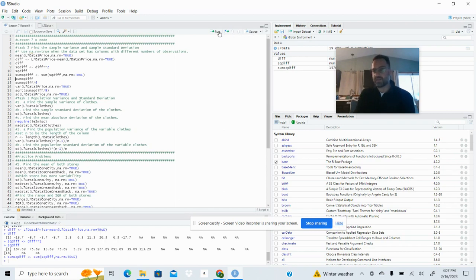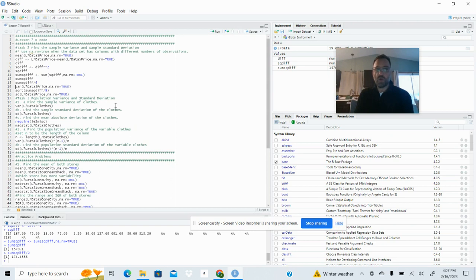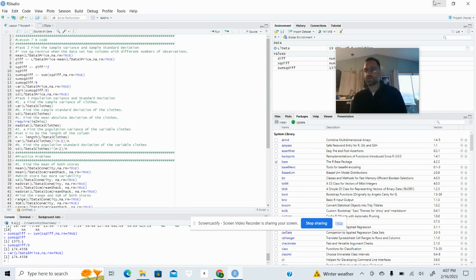And then you divide by the length minus 1, or there's 10 entries, so 10 minus 1. And then that gives us the variance, which you can actually do directly. You can go variance of L7 price, na.rm is true, and it'll give you that number as well.